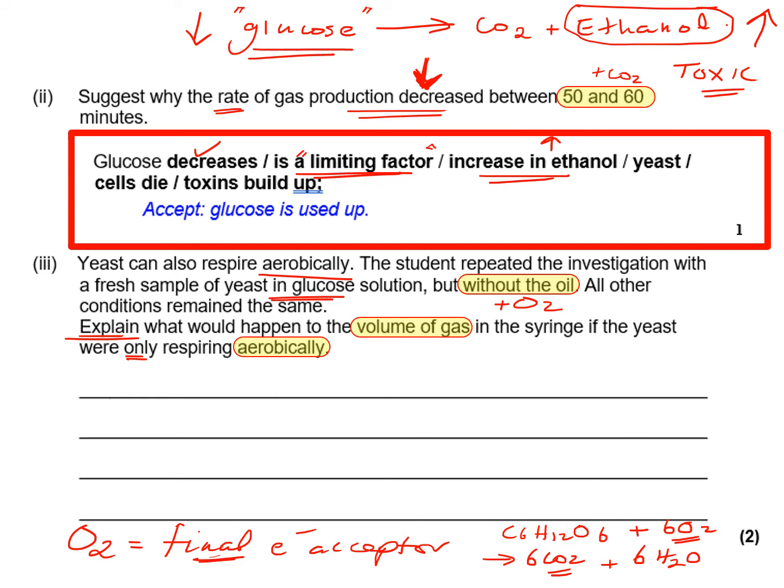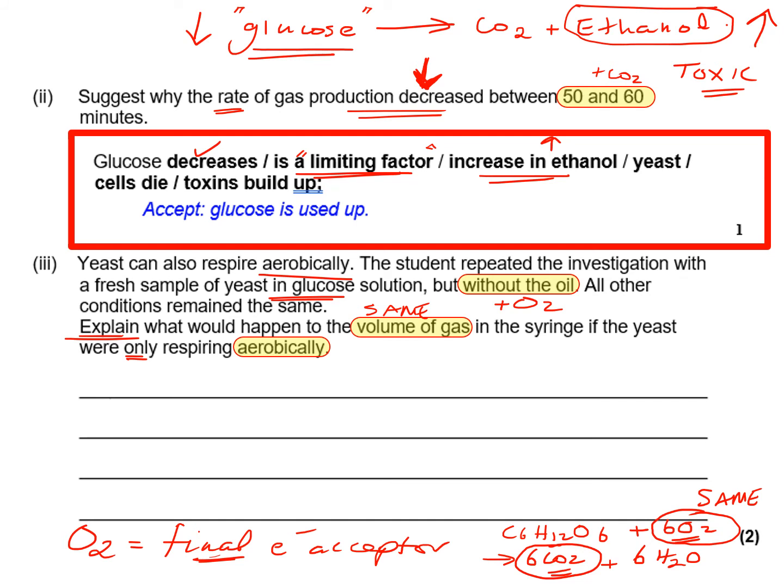So the concentration of oxygen gas being used up is the same as the concentration of CO2 gas being produced. So the volume of gas being used is the same as the volume of gas being produced. Therefore, there's no change in the volume of gas over time. Okay, so it stays the same or no change.